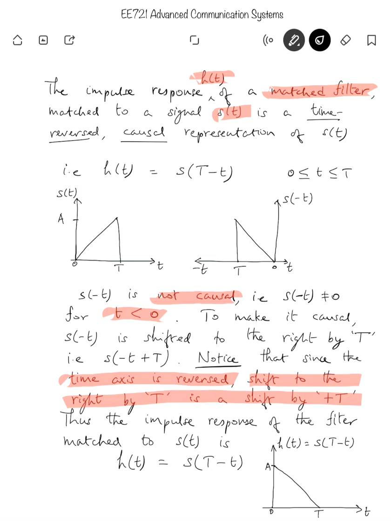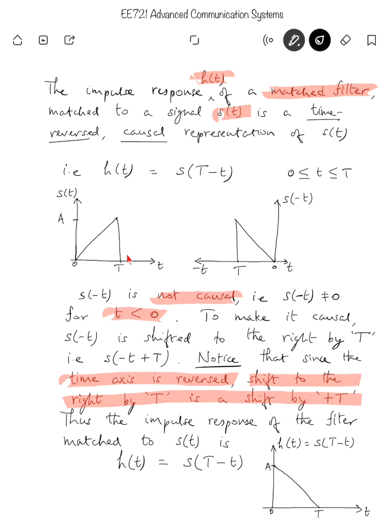So putting all this together, the impulse response h of t is s of minus t, shifted to the right by T, which is minus t plus T. So we write this as s of capital T minus small t. So that becomes our impulse response, which is matched to the signal of interest.